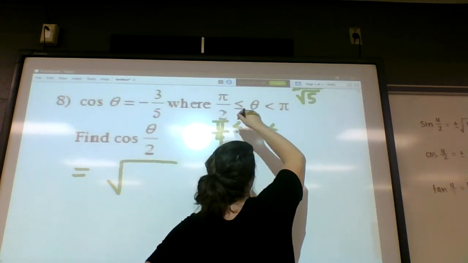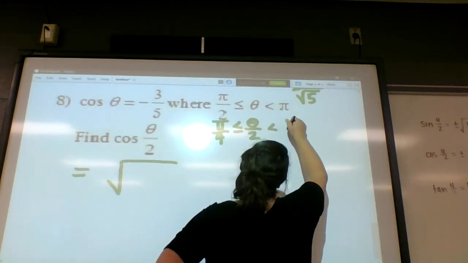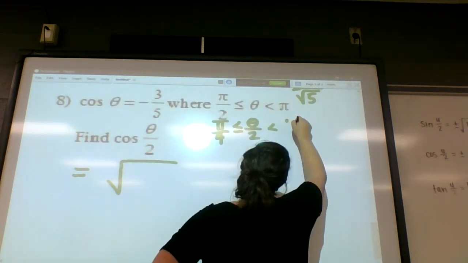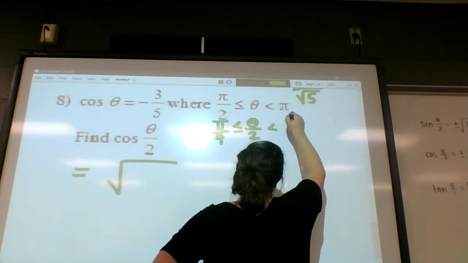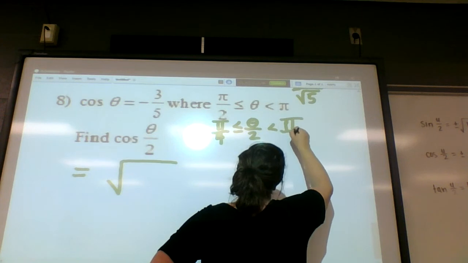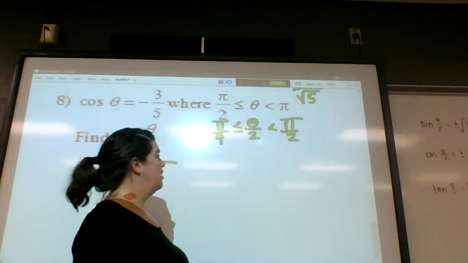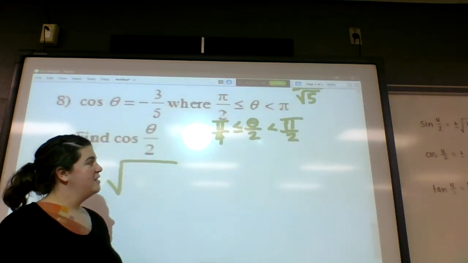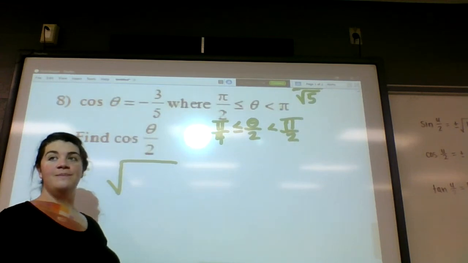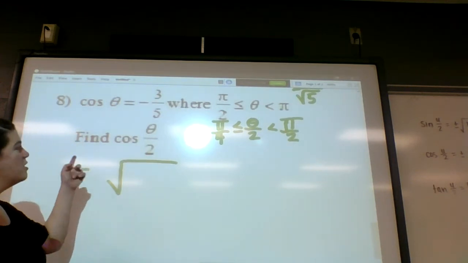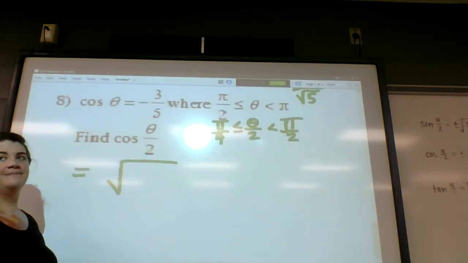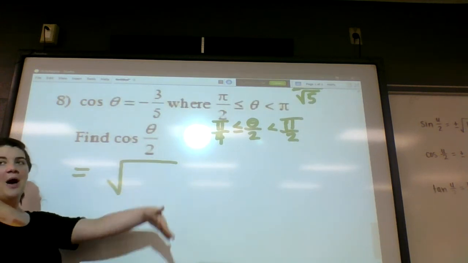That's the smallest it can be. And then pi cut in half is pi over 2. So the biggest it could be is pi over 2. So what quadrant is this in if it's between pi over 4 and pi over 2? Q1, and is cosine positive or negative in Q1? Positive. So this will just be a positive square root.